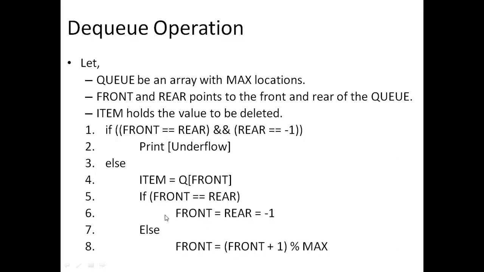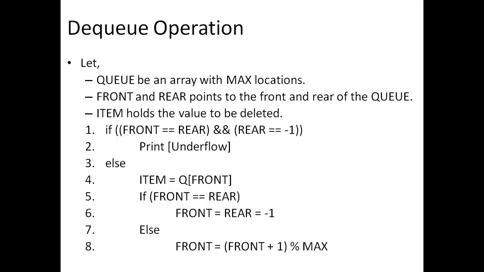Also, if there is a single element in the circular queue, then we have to update both the front as well as the rear pointers, and they are required to be updated to -1 as is done at line number 6 here. Rest all the other functions can be implemented using similar procedures as we have discussed in simple queues.